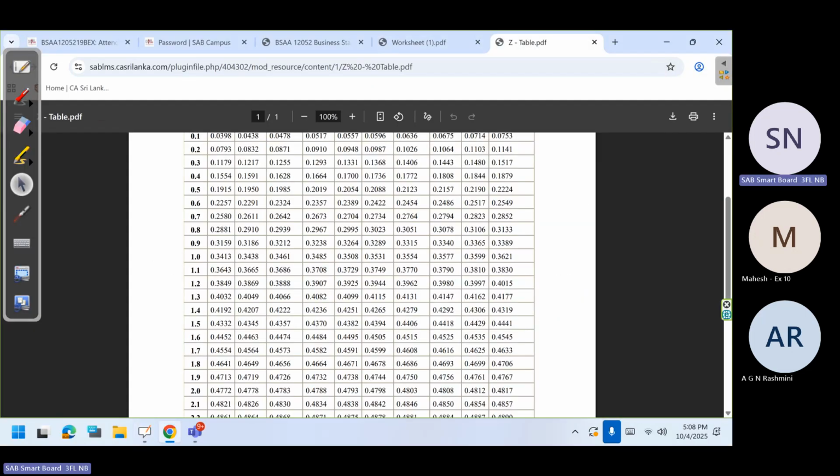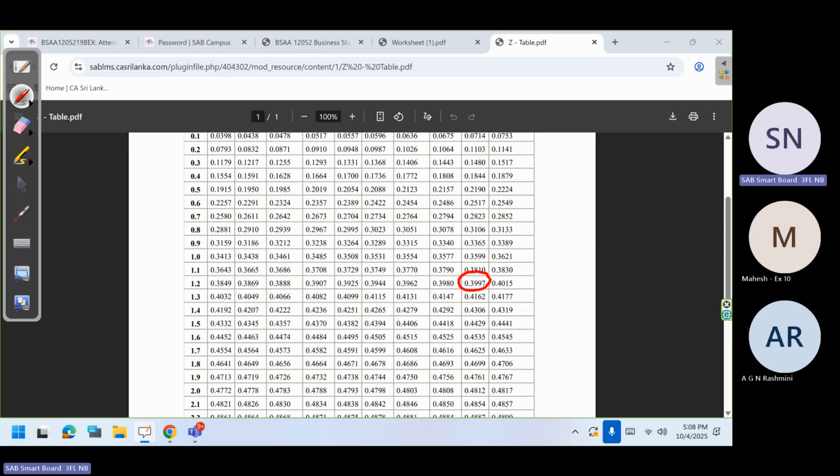Then using the table, find 4000. Where is it? The exact value is not there, but 0.3997 is the nearest. 0.4000 is not there, but here 0.3997 is the nearest value.